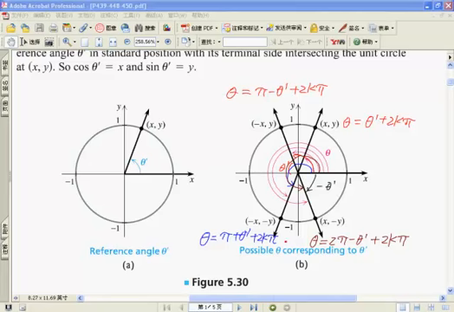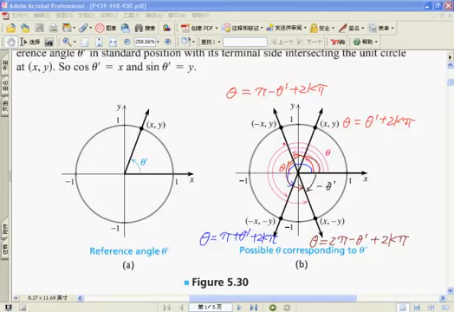Now you see, if we have theta which has theta prime as a reference angle, then let's look at the cosine and sine of theta. Let's see what kind of values cosine theta and sine theta can have. So first, if theta is here, then cosine theta is equal to x, sine theta is equal to y.